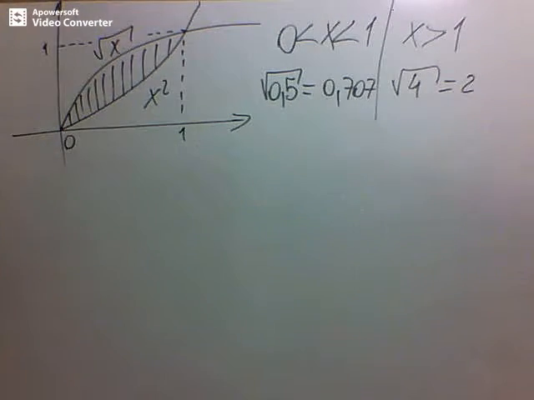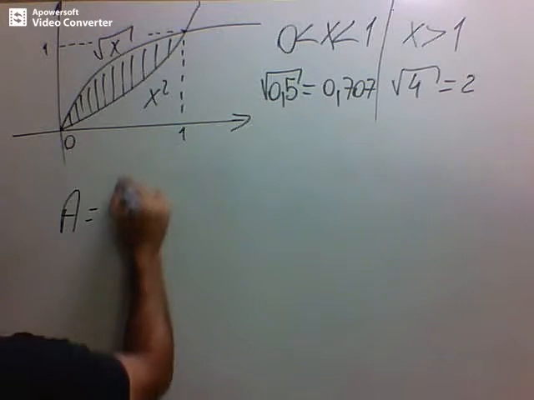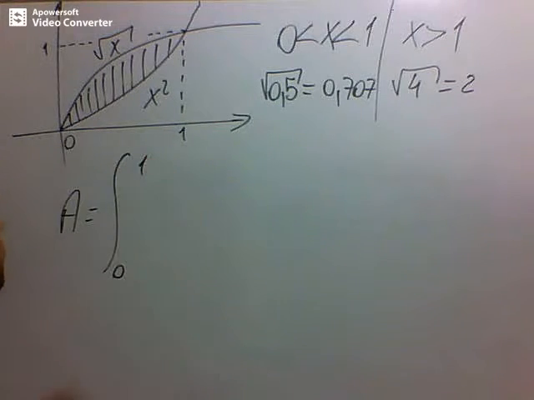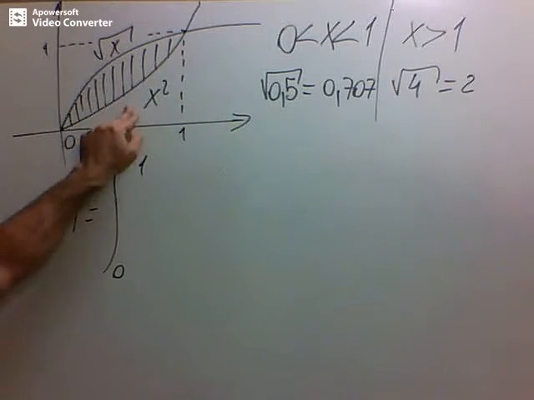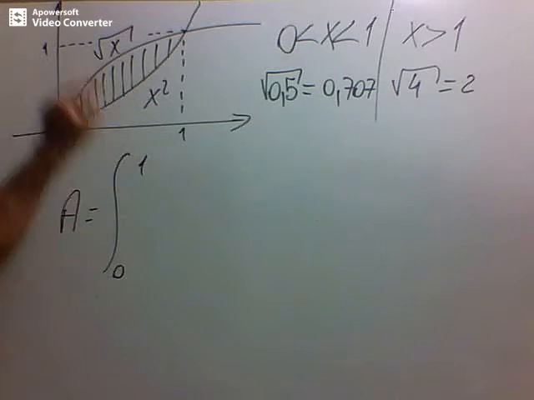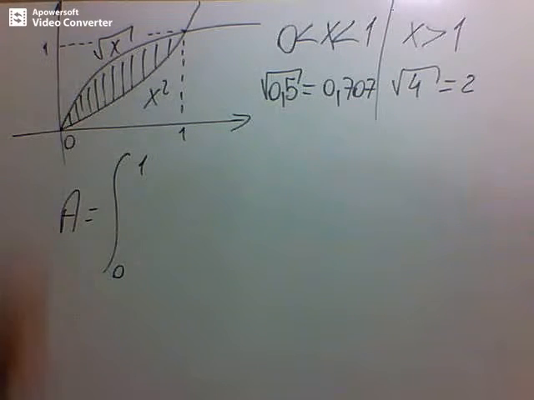For you guys that know how to integrate, this area is going to be simply the integral from 0 to 1, from the lower limit to the upper limit. But who is the upper limit? The upper limit is going to be the function that represents the greater number.